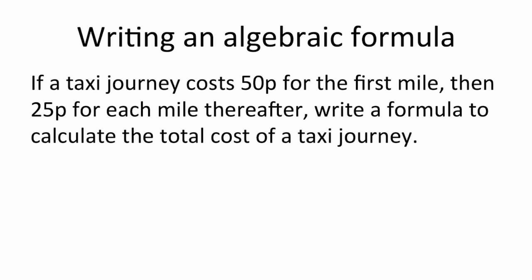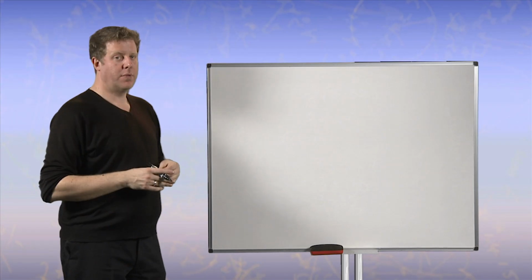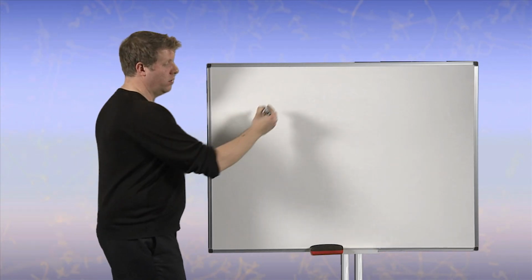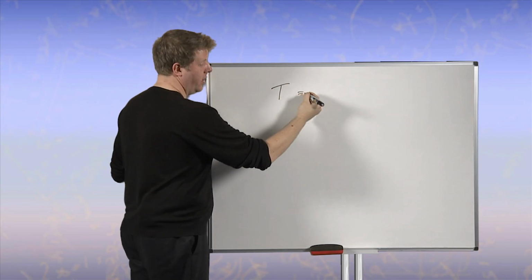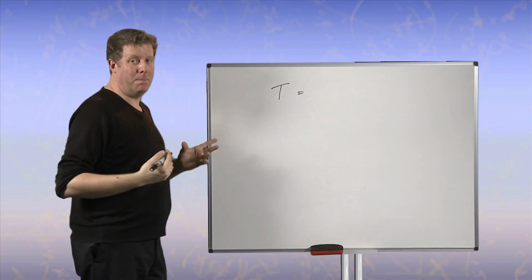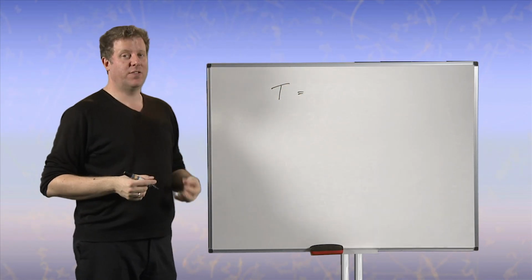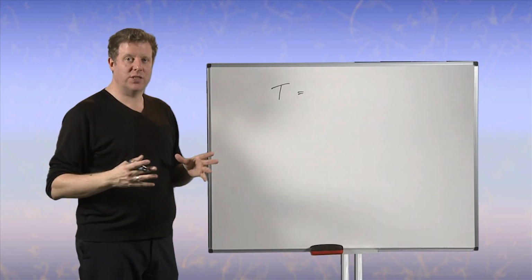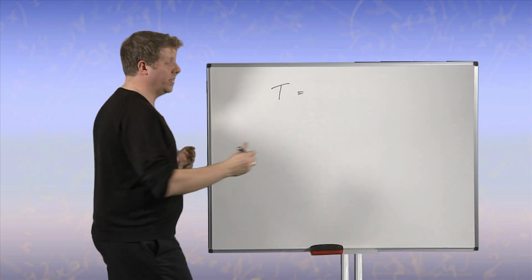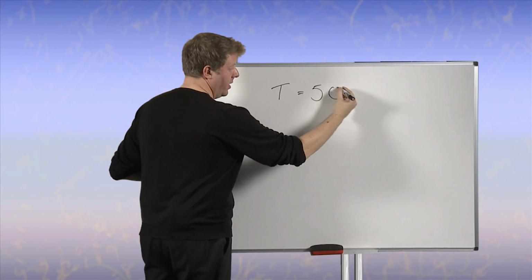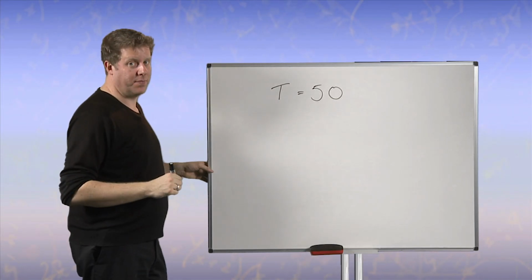And what it wants us to do is to write a formula to calculate the total cost, T, of the journey. So our formula, therefore, is going to be T equals, now remember, 50 pence for the first mile, and that's regardless of how far we go. So there's always going to be the 50 in there to represent the 50 pence.